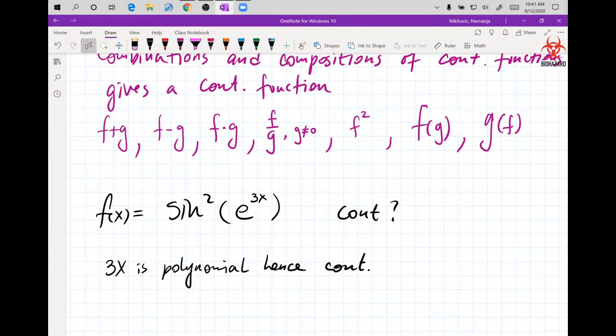because this function technically is sine of e to the 3x, everything squared. That square can be written on sine, or you can put parentheses on everything and then square it.